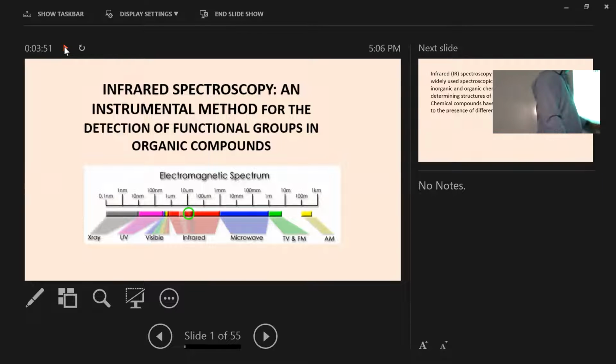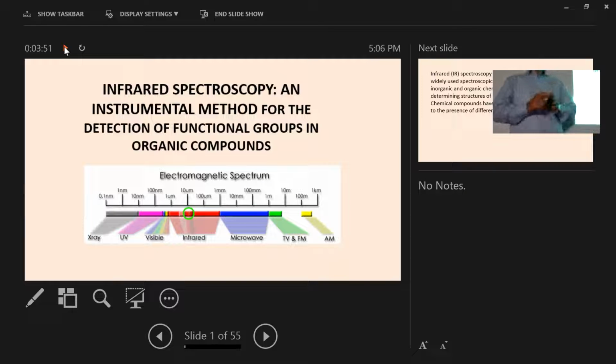We have also shown the energy curve for the electromagnetic spectrum. We know that for a longer wavelength, the energy is high or low? Low. Okay.